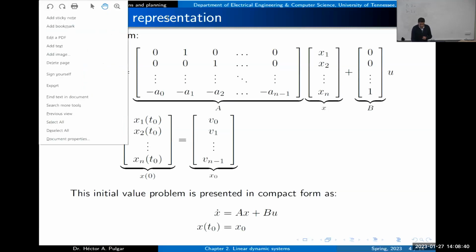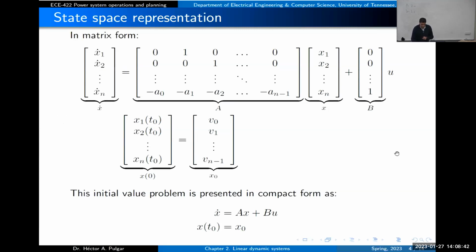So if we put all of that in matrix form, we have something like this. The derivative of x1 is going to be this row multiplied by this column. This is the column of the state variables. As the row has zeros everywhere except the second column, this is going to be nothing else than x2.